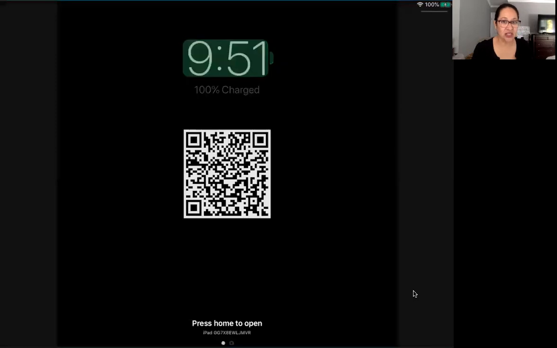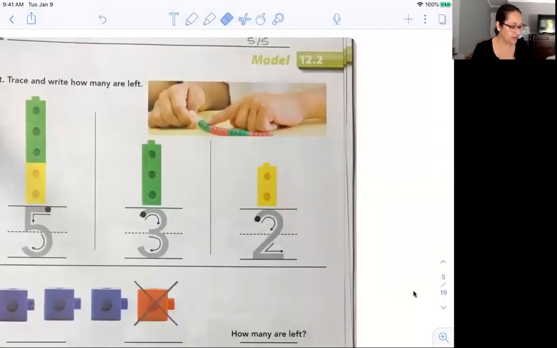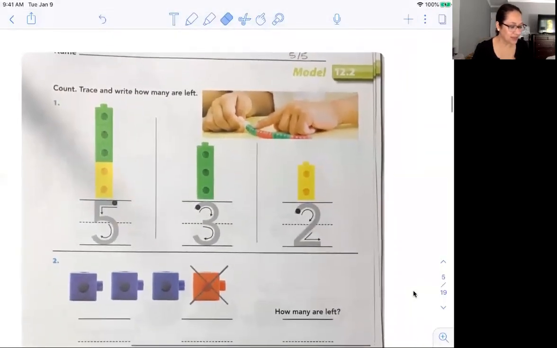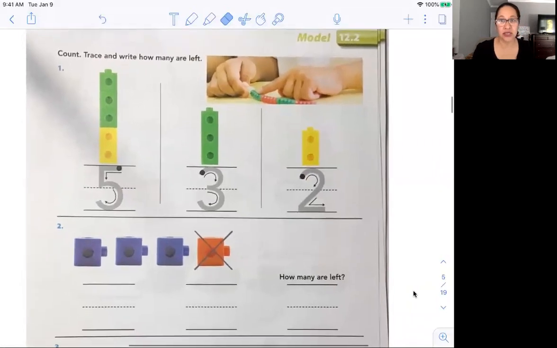That's easy peasy. And I'm going to share the screen with you now, and you can get your pencil, and hope you're ready with your paper so we can go ahead and work on this together. All right? Okay, so we have this one here, and it just happens to be that they are working with connecting cubes.